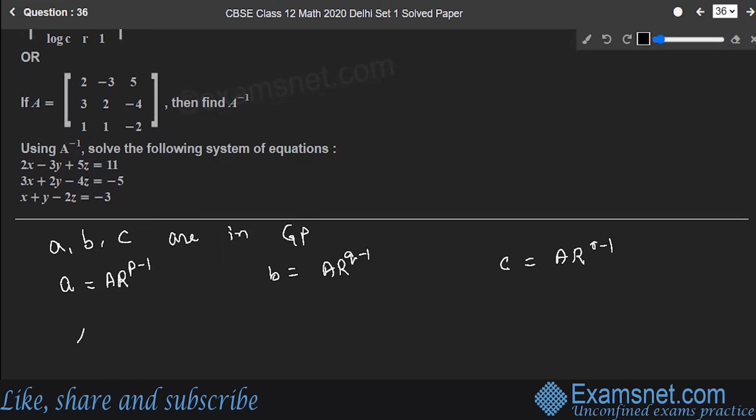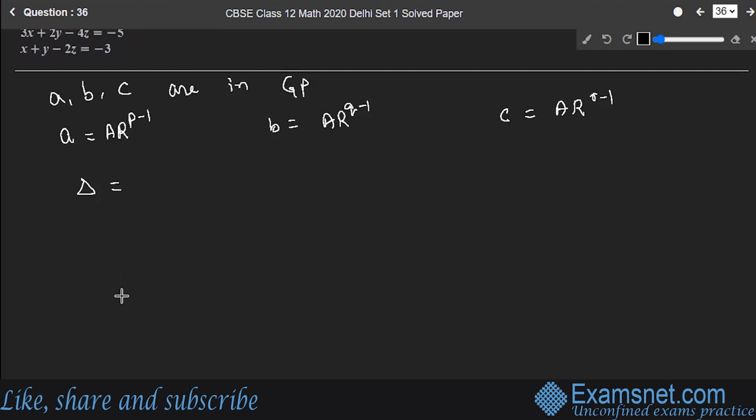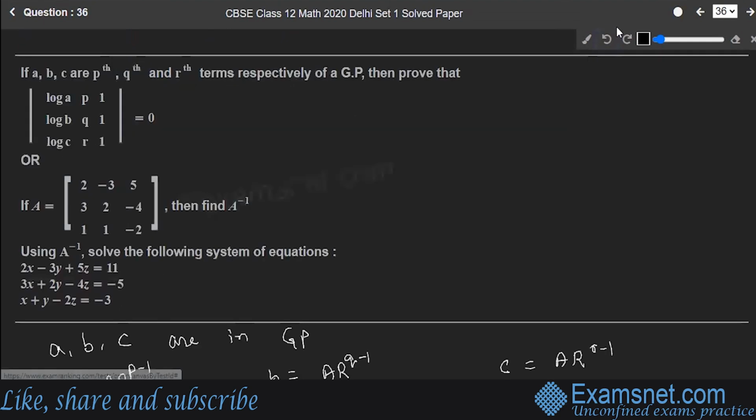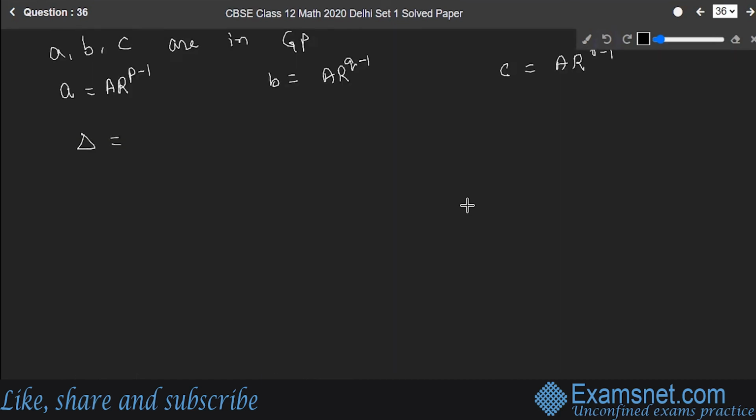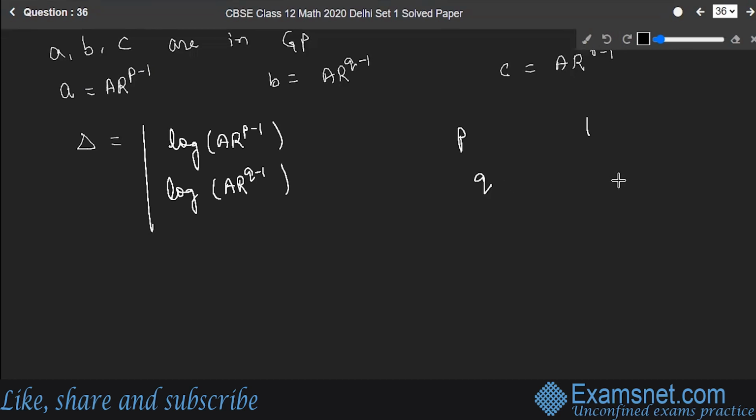Then the determinant is given by log a r^(p-1), p, 1; log a r^(q-1), q, 1; log a r^(r-1), r, 1.